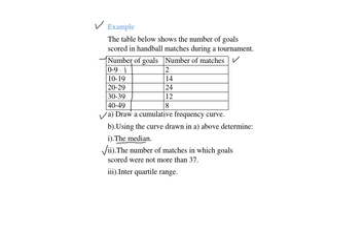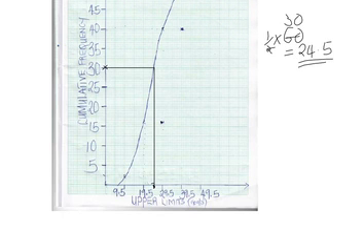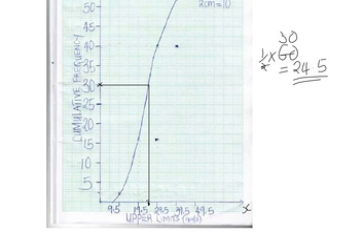We check 37, so 37 is somewhere here because we have 20 plus some boxes, and right here we have our 37. Make sure your graph is clear so that you can check these numbers well.